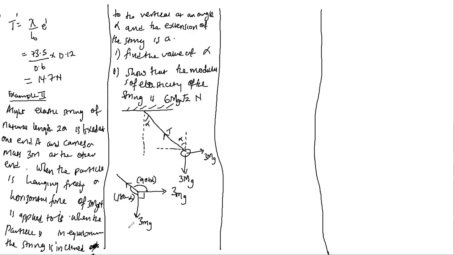What does Lami's theorem state? It states that sine of 180 minus alpha over the force opposite to that angle, which is 3 mg, is equal to sine of 90 over the force opposite to this angle, which is the tension T, is equal to sine of 90 plus alpha over the force opposite to it, which is also 3 mg.